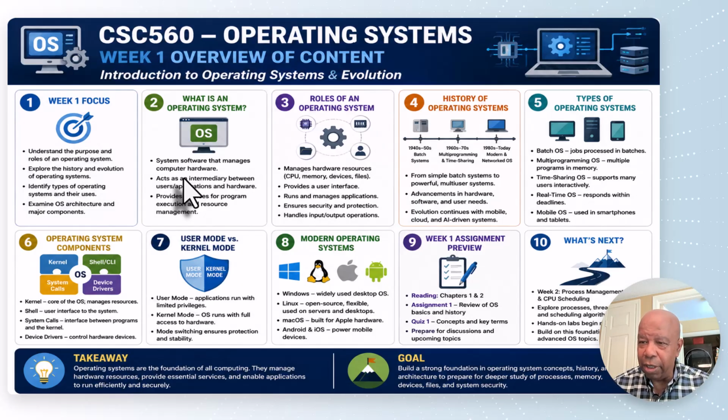Operating system components, as we mentioned in the focus. User mode and kernel mode: what does that mean as far as operating systems are concerned? Modern operating systems, Windows, Linux, Mac, and we'll talk about those. And then we'll have our week 1 assignment review.